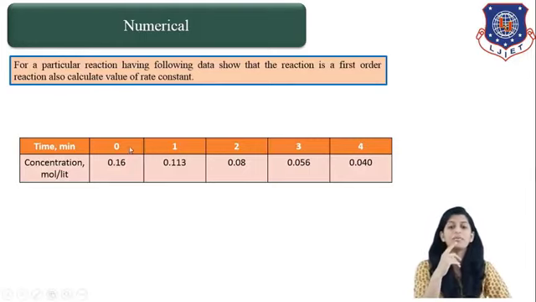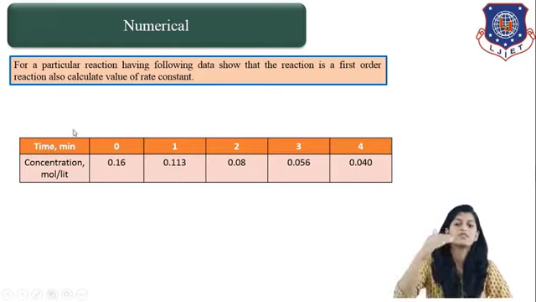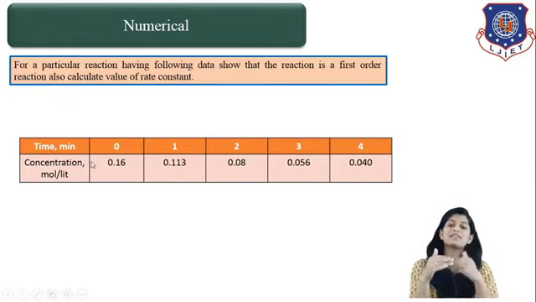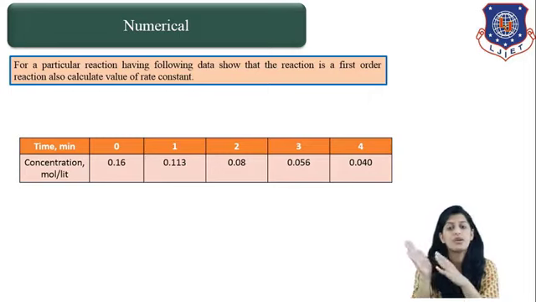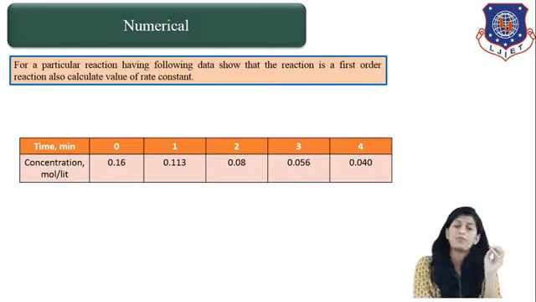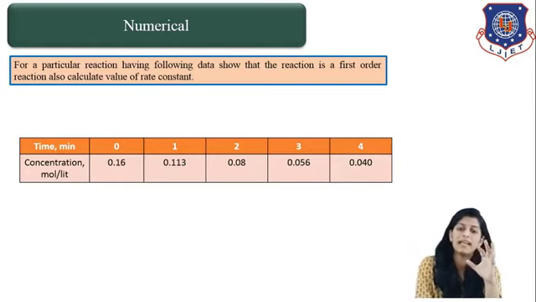We have time and concentration data, and we are asked to prove that the data belongs to a first order system or first order reaction, and to calculate the rate constant for the given data.